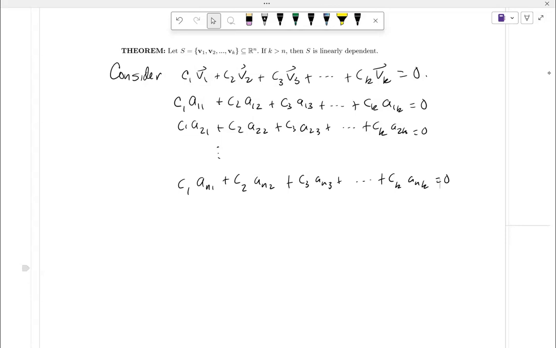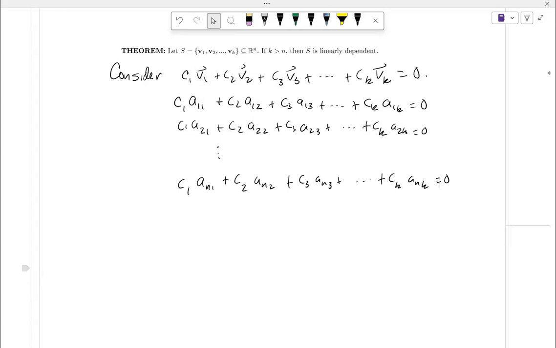All right, so notice that I'm using the fact that I can write my v's as components. So my v1 has components 1, 2, out to n. First component, second component, nth component, right? Associated with the first vector. My second vector has components, first component, second component, and so on down the line.